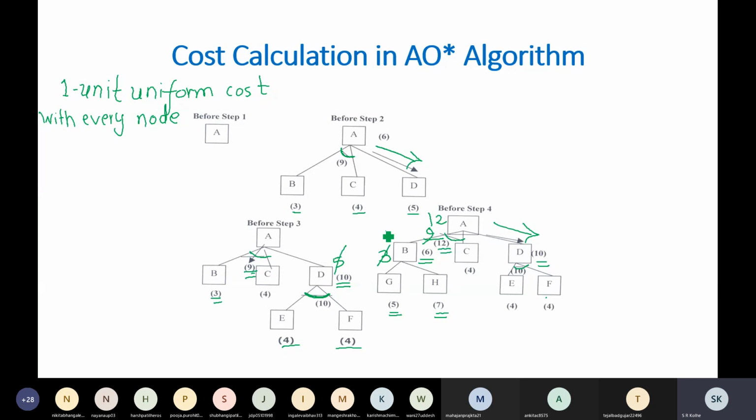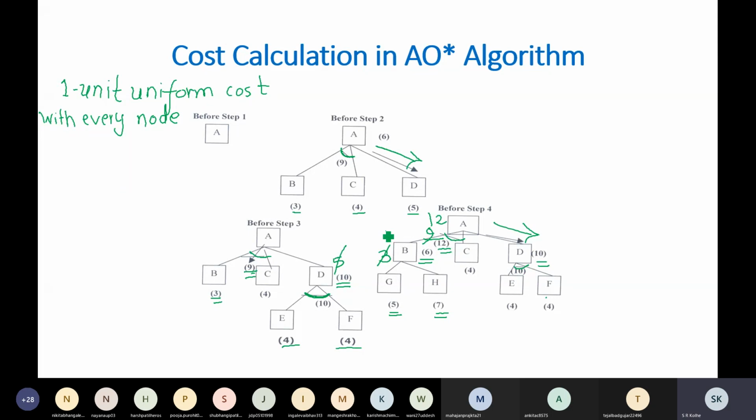Always, of course, you will have to find out the best path. But since there are AND type of arcs, you will have to perform cost revision accordingly. So the algorithm returns a tree as a solution. In cost revision, you will have to perform backward cost calculations.